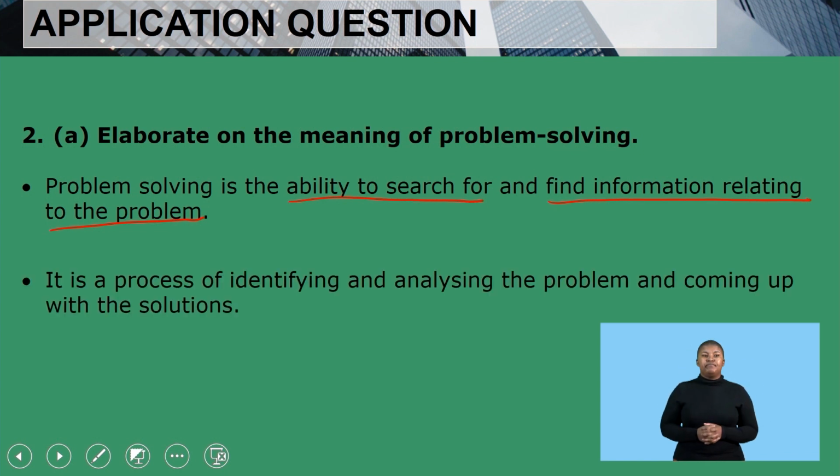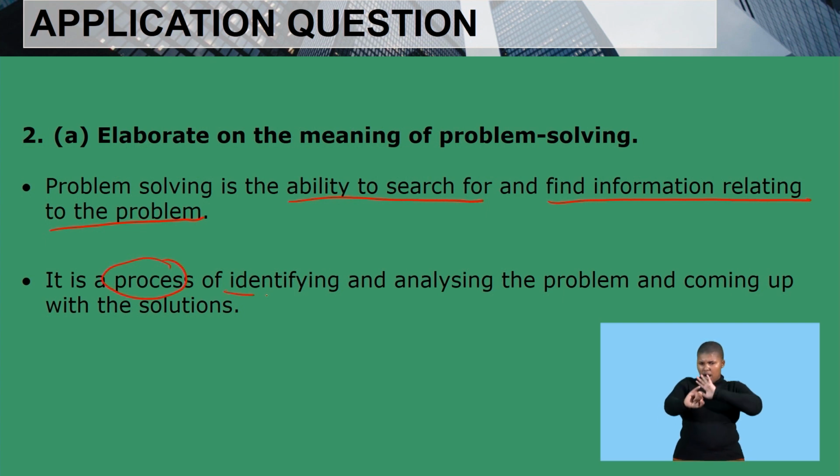It is a process, number one, of identifying, and analyzing the problem, number two, and coming up with the solution. So you need to first identify that there is a problem. What is the problem? Identify it, state the problem, and also analyze the problem.